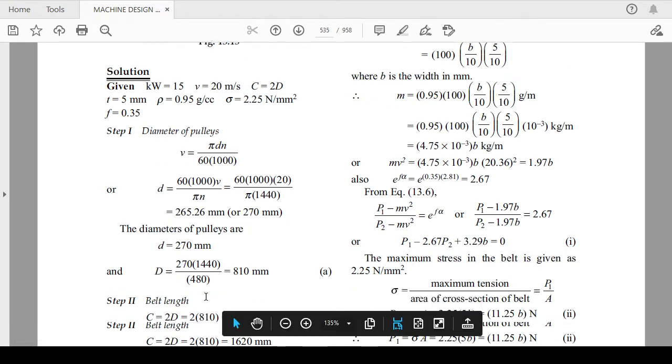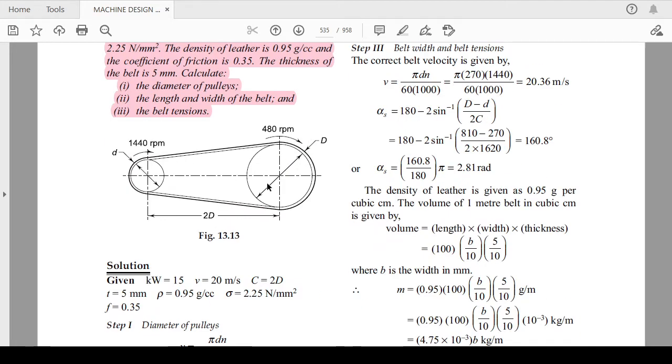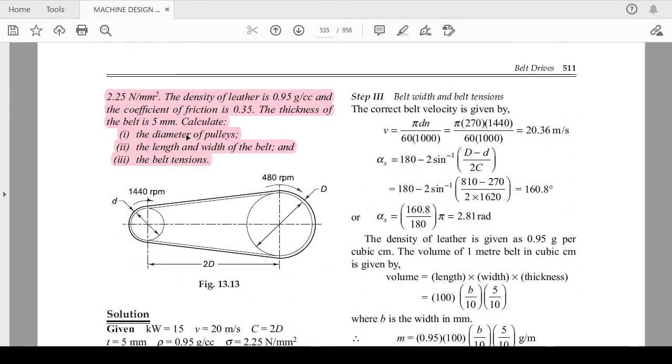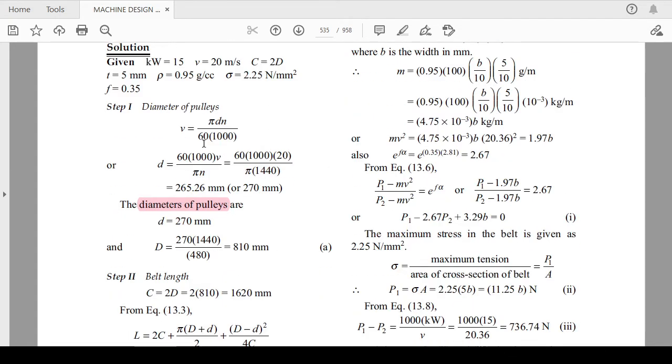Capital D can also be calculated by changing the rpm. For this pulley the rpm is this, and for that pulley the rpm is that. By changing the rpm value in the formula v equals pi d n, you can calculate the diameter of the different pulleys, which is the first part of this question. Keep in mind to divide by 60 and 1000 whenever you take the unit in rpm.